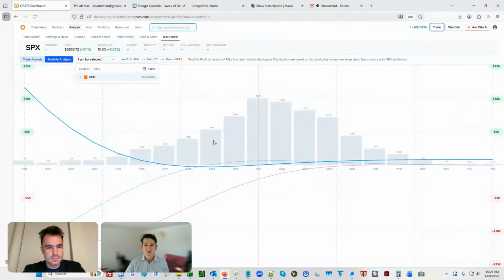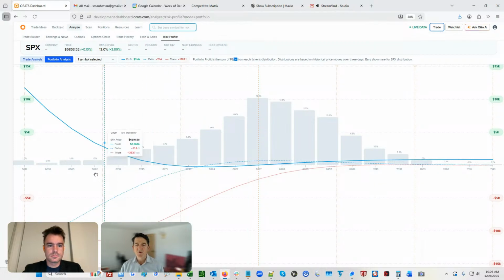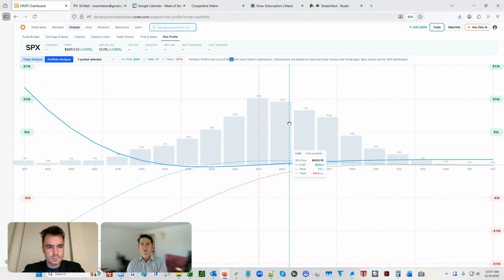Great. Okay, so these distribution nodes, and we try to say it, portfolio profit is the sum of the P&Ls for each ticker's distribution. So let's talk about that. We make a distribution of outcomes. It's like a normal distribution, but it's actual, looking back on SPX for 18 years, and we adjust a little for implied volatility.